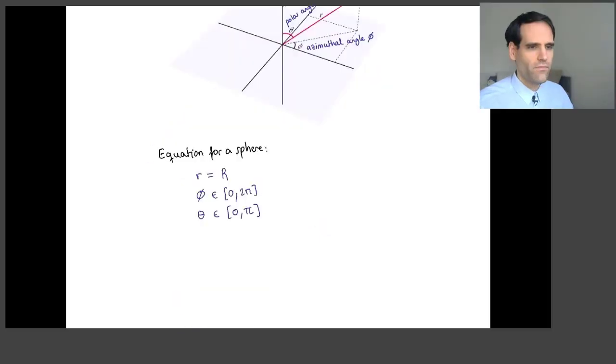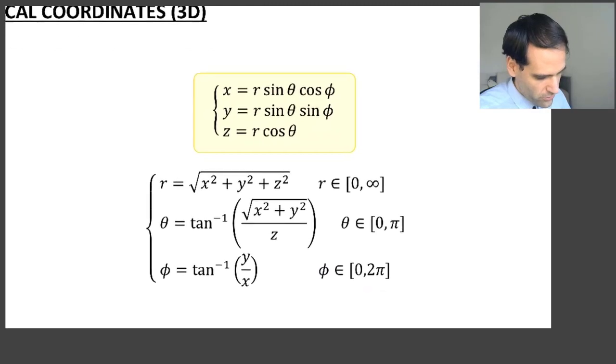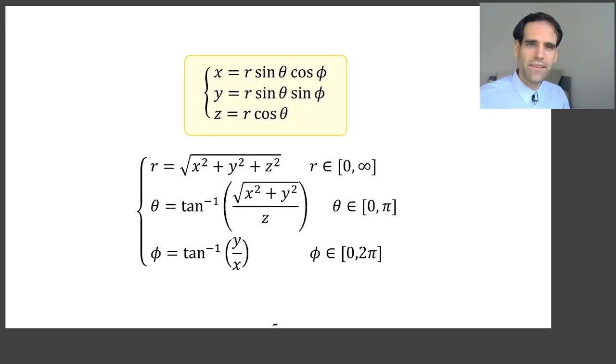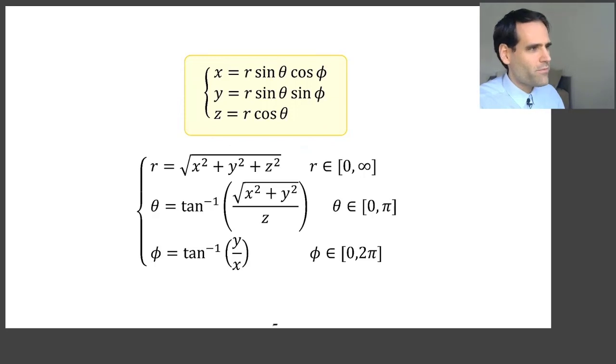One last thing that I would like to mention is the actual equations for converting between the two systems, x, y, z and r, theta, phi. These equations are very well known. Sometimes it's easy to forget, is it sine and cosine here? Is it theta and phi, or is it phi and theta? It can be a bit tricky, but I want to calm you down because I will provide these equations in the exam.